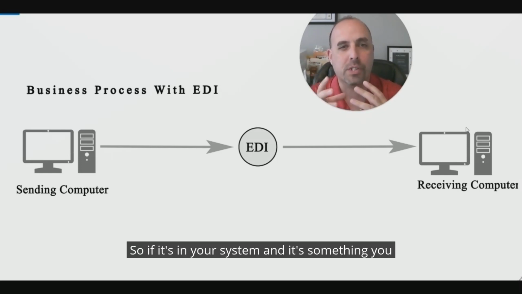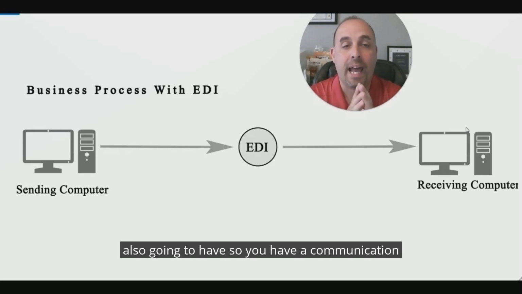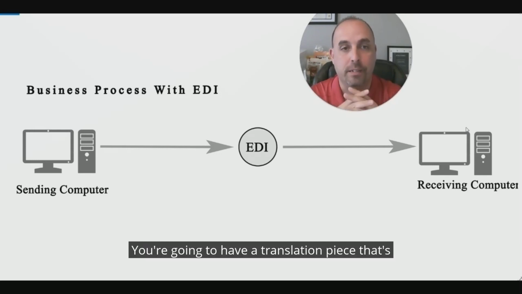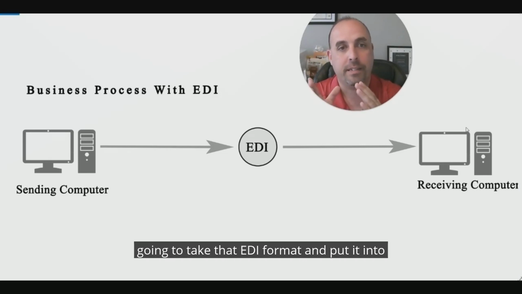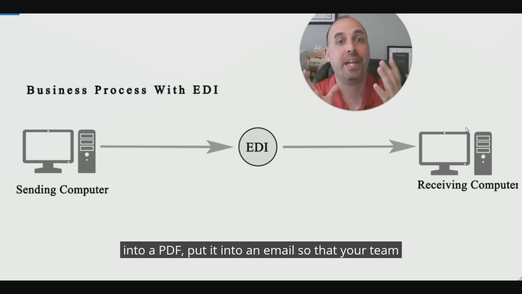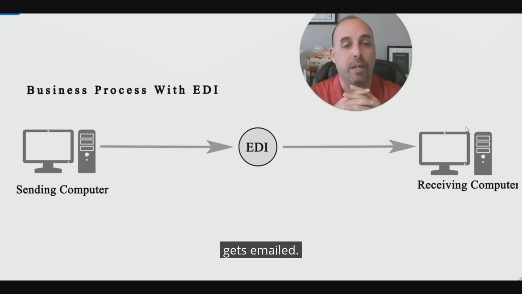If it's in your system and it's something you manage on-prem, you're also going to have a translation piece that's going to take that EDI format and put it into something. Put it into an XML format, or put it into a PDF. Put it into an email so that your team gets emailed.